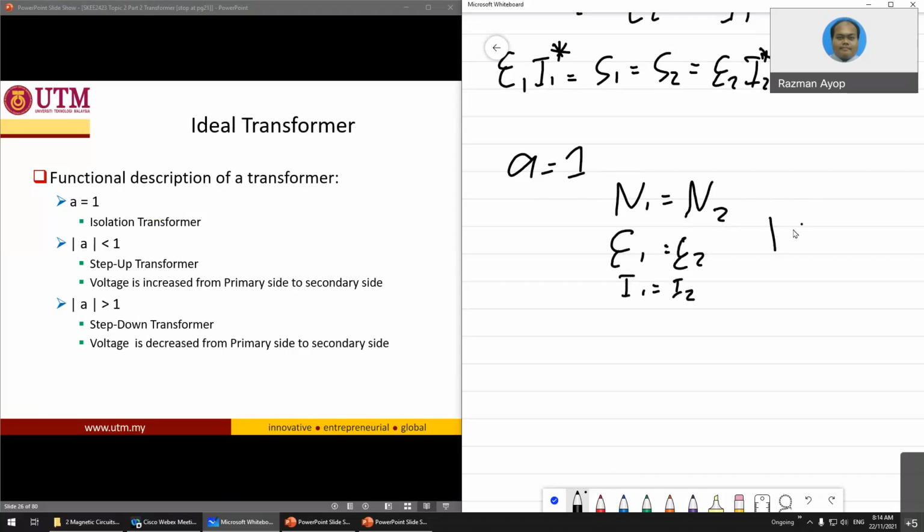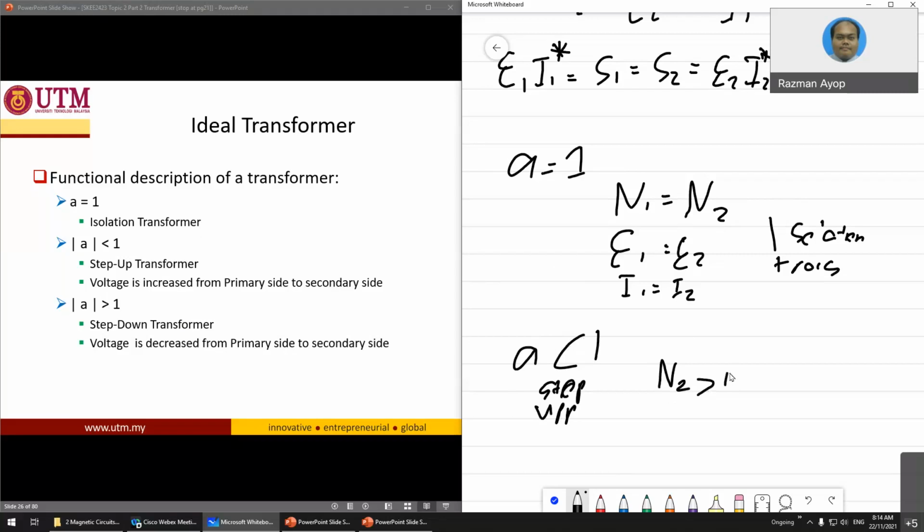So basically this is just an isolation transformer, which is basically just for safety. And if A is less than 1, it is a step up transformer.